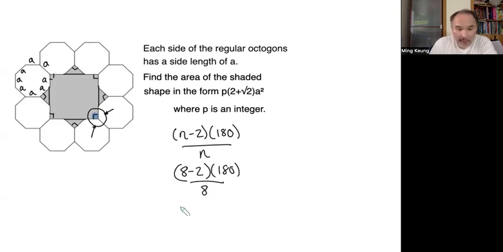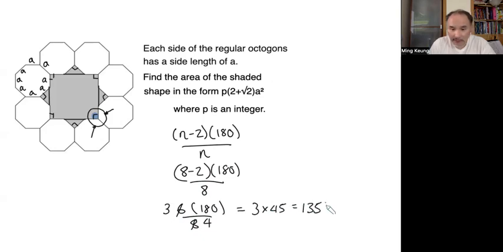And this becomes 6 times 180 divided by 8. And these would cancel to 3 and 4. And then 180 divided by 4, I can do 180 divided by 2, which gives me 90, divided by 2 again, which gives me 45. So this becomes 3 times 45, which gives me 135.